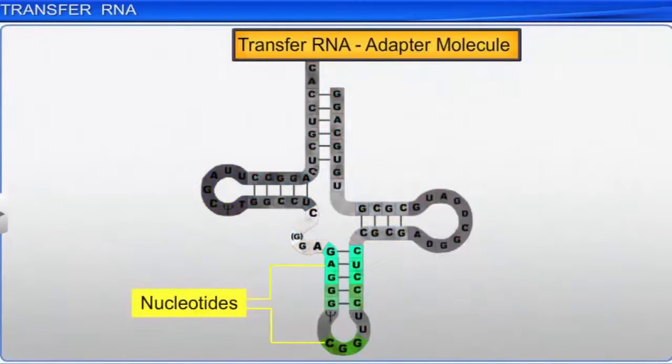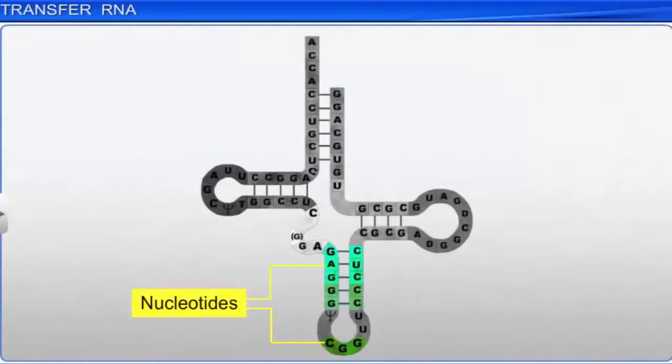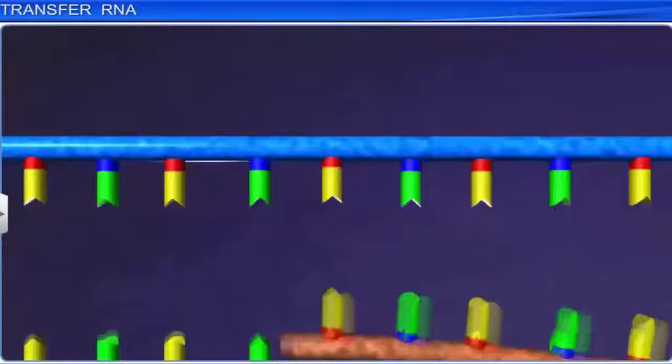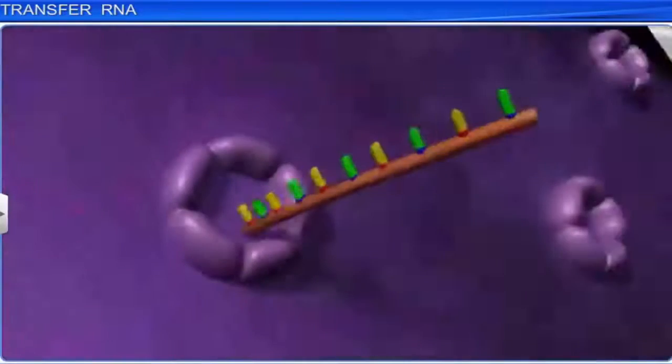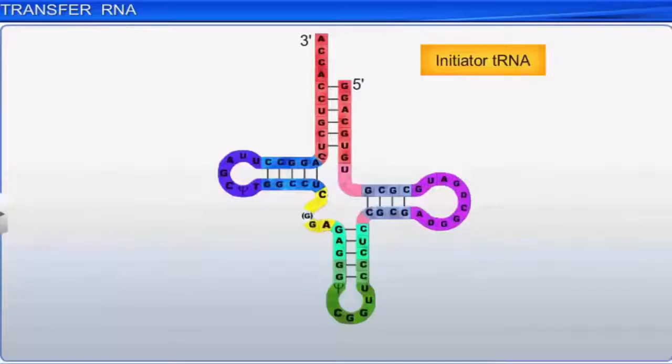Synthesized from a DNA molecule in a process similar to the synthesis of mRNA, tRNA is soluble in 1 molar NaCl and is hence known as soluble RNA or sRNA.